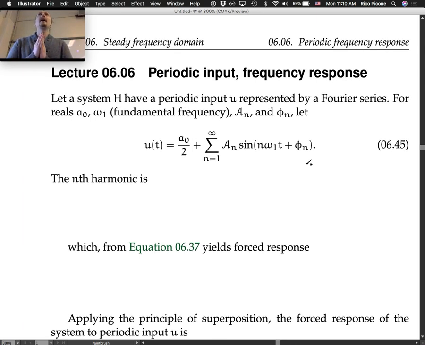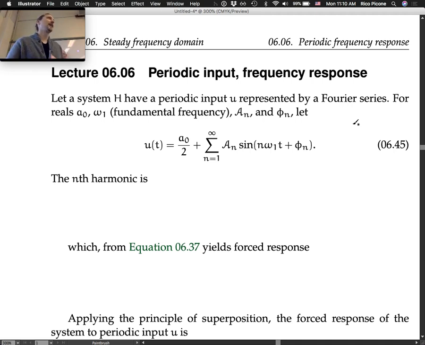Okay, so we have the lecture called Periodic Input Frequency Response. So let a system H have a periodic input U represented by a Fourier series. We've had periodic inputs before, but the one type of periodic input that we've really considered in detail is a sinusoid, right?